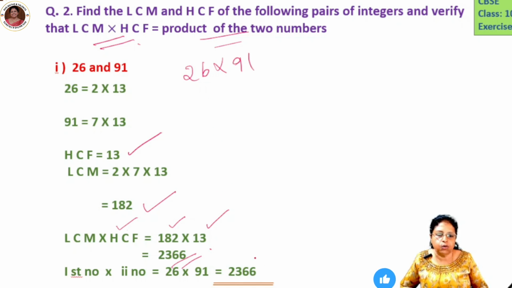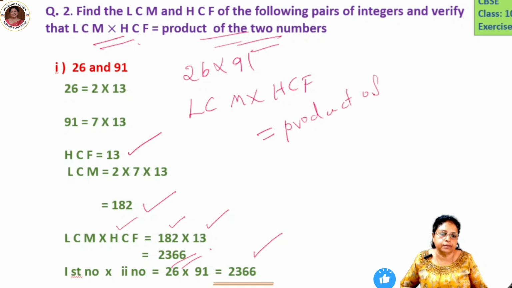So that is also 2366. Okay. That means we have verified it. So LCM times HCF is equal to product of the numbers. We got it. Okay.